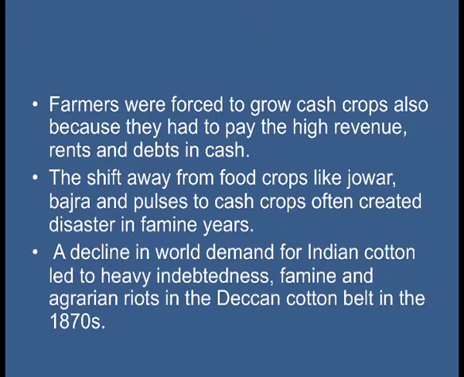The shift away from food crops like jowar, bajra and pulses to cash crops often created disaster in famine years. A decline in world demand for Indian cotton led to heavy indebtedness, famine and agrarian riots in the Deccan cotton belt in the 1870s.